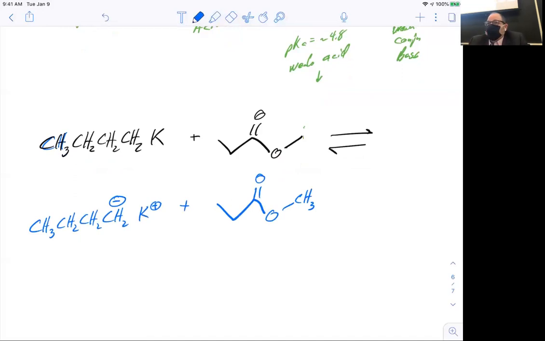We got the potassium there. It's always a good idea. You could have simply just drawn it on the molecule. I'm redrawing it. The carbon is negative. The potassium is positive, right? Sodium, potassium, lithium. We have to watch that series.